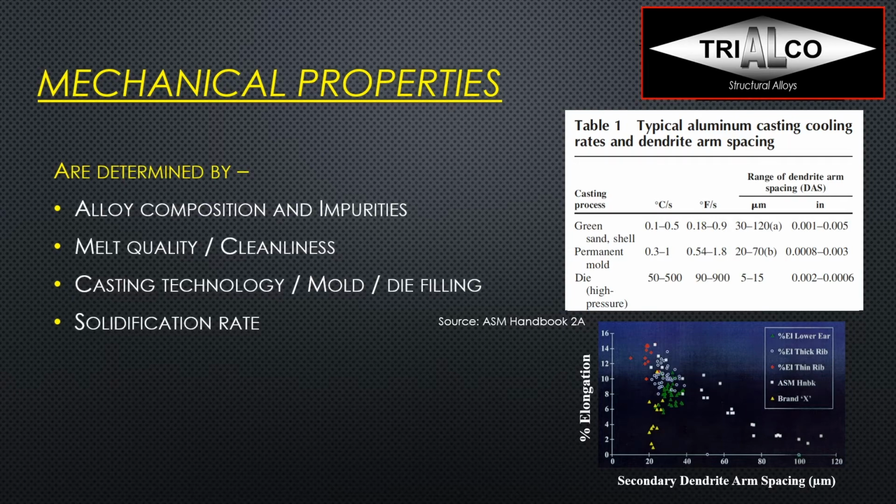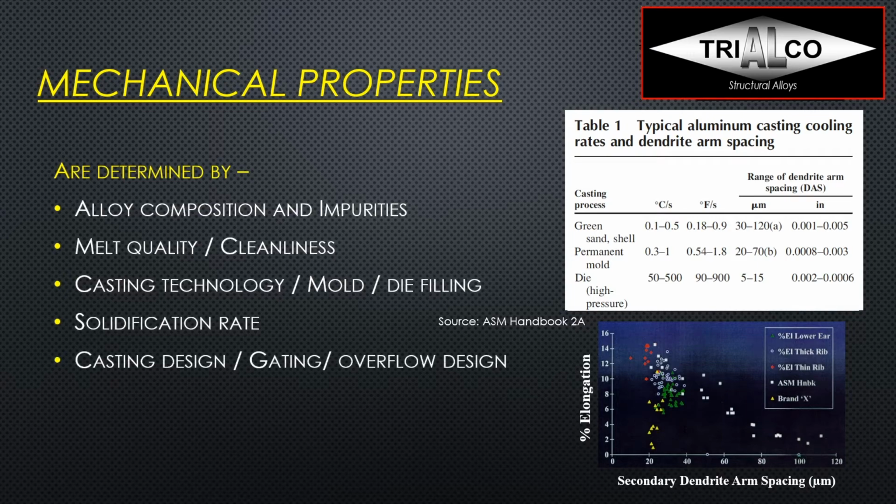Permanent mold is much better, because the steel mold can take out more heat faster. And that's why we often see in sand castings actually little chill plates or chill blocks applied. The fastest way to solidify your casting is, of course, you push it very quickly into a thin-walled cavity in a die casting. And there we can see the solidification is much faster, and so we can get a different set of properties as well.